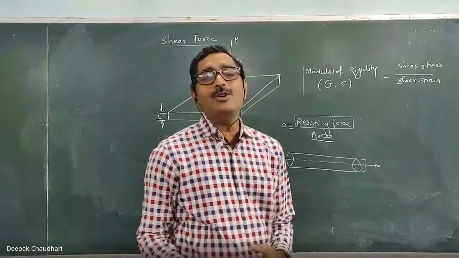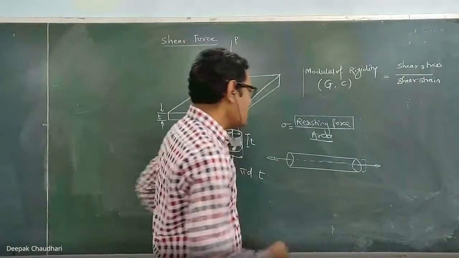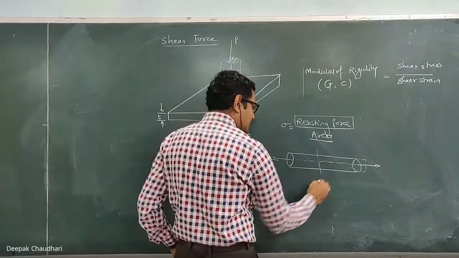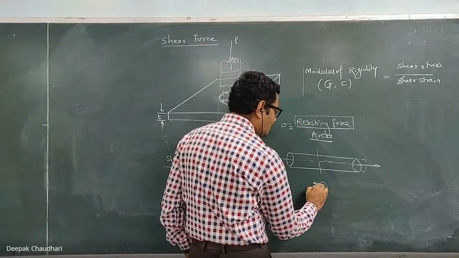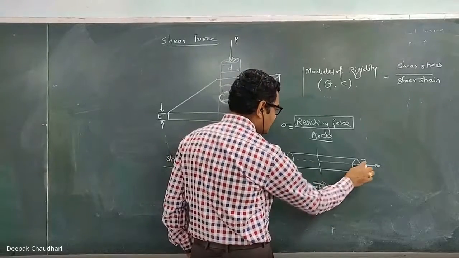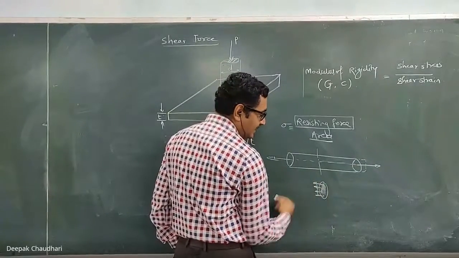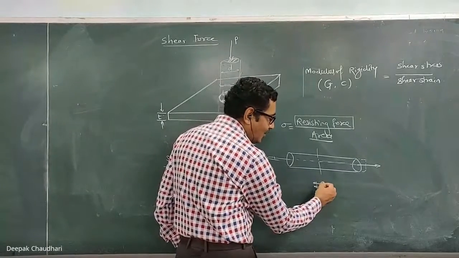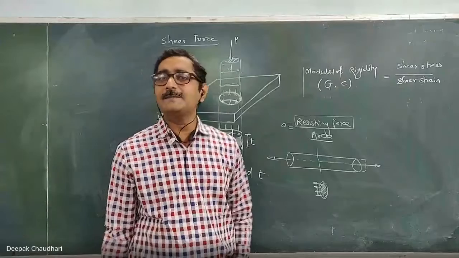And at the intermolecular level, one force of resistance is induced. So if I take the section, on this area this intermolecular force of attraction is induced, which resists this deformation. So this is the resisting force, and the area on which this force is induced is known as a resisting area.